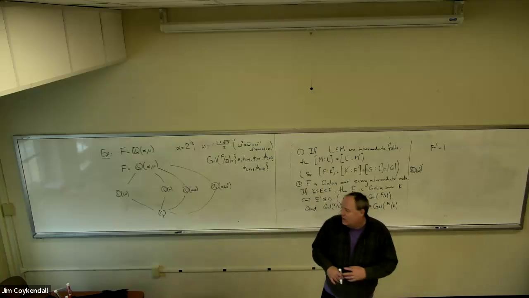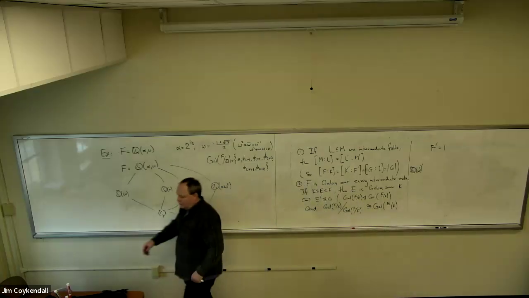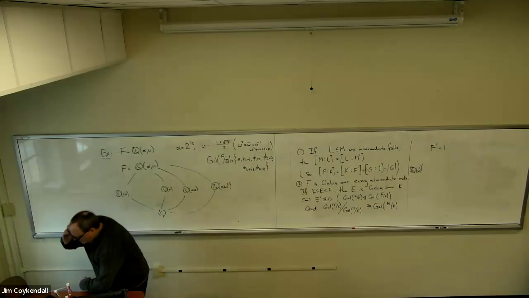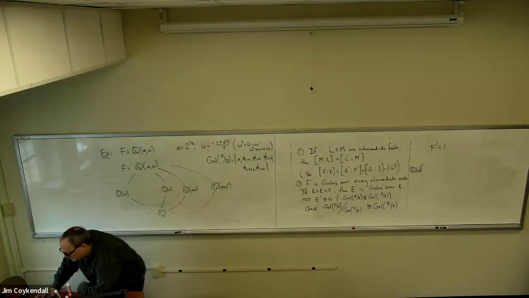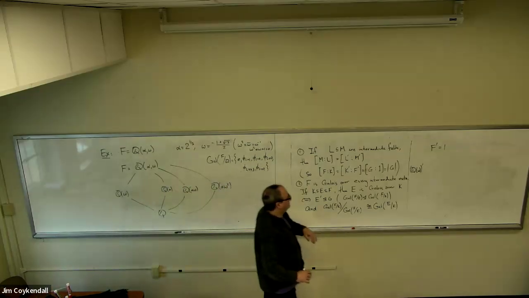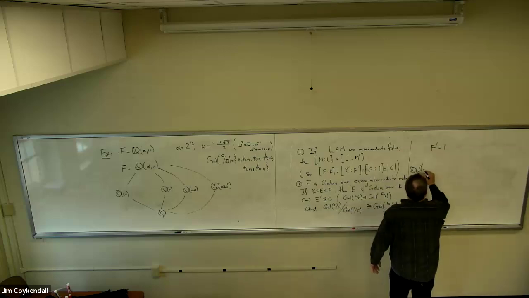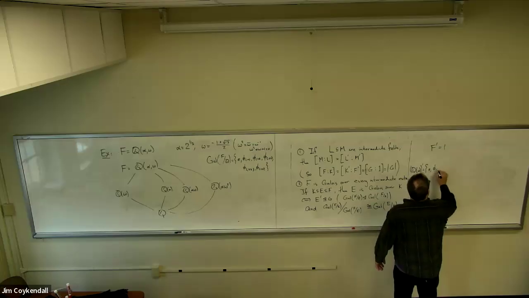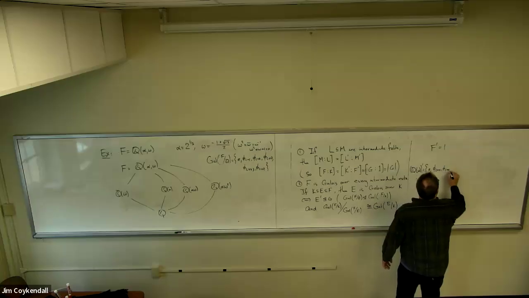So really for this one, it's a little bit easier. If you look back in your table in the notes, when I first did this example, what fixes omega is the identity, of course, and these two right here: the identity, phi of 1, 2, 3, and phi of 1, 3, 2.